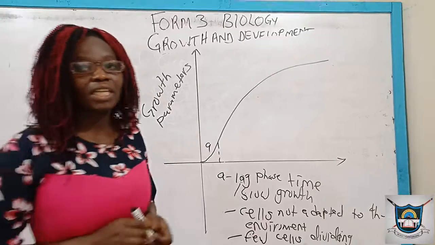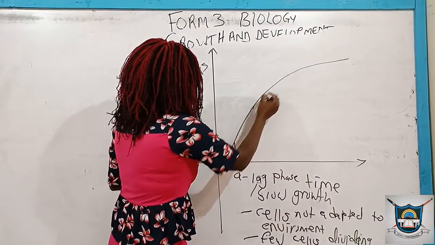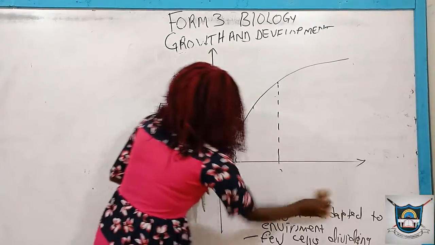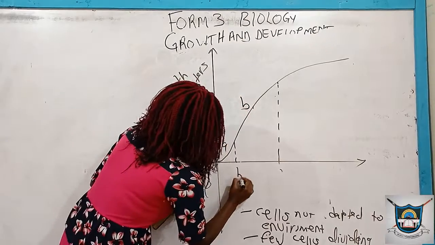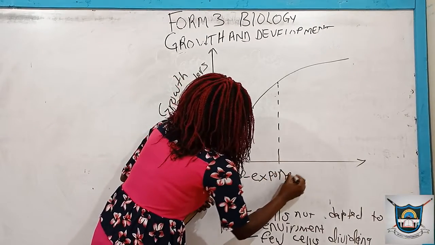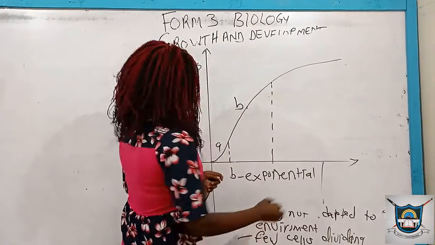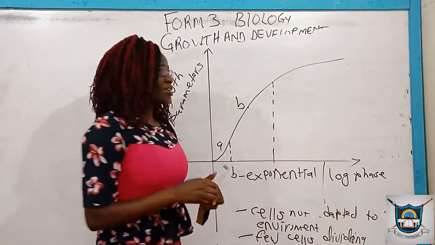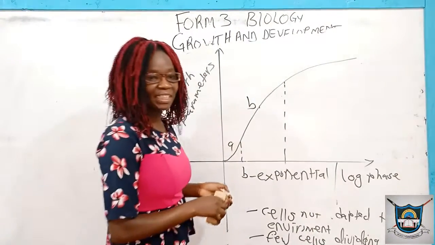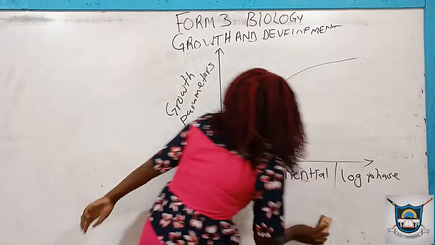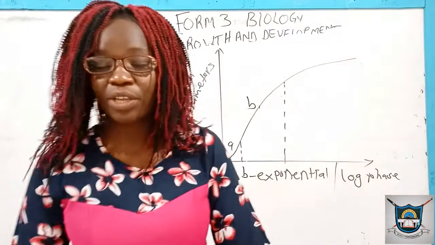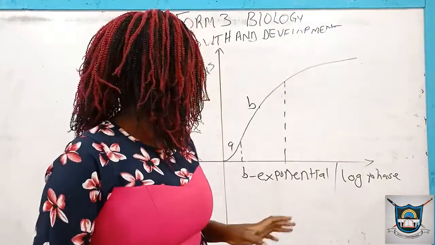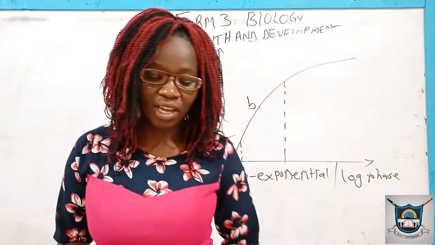Then the second phase is the exponential phase, which is phase B now. Exponential phase, or the log phase. So that second phase is called the exponential phase or the log phase. The log phase is a phase where the growth rate is very high, and the high growth rate might be caused by various factors.